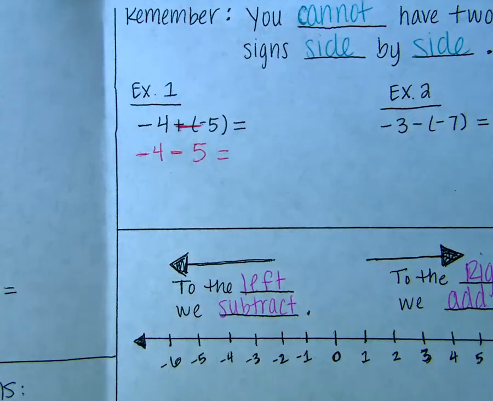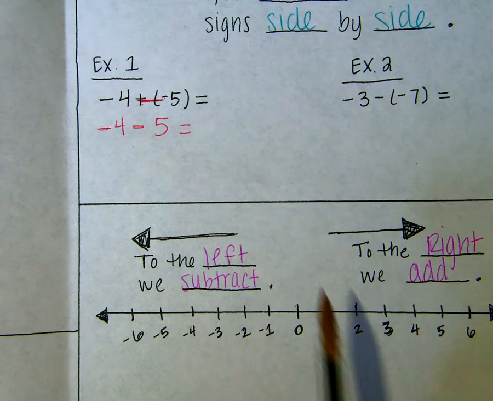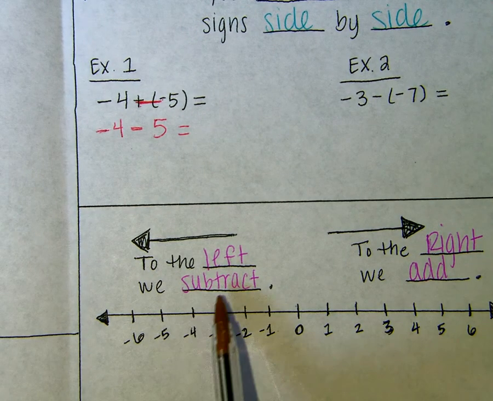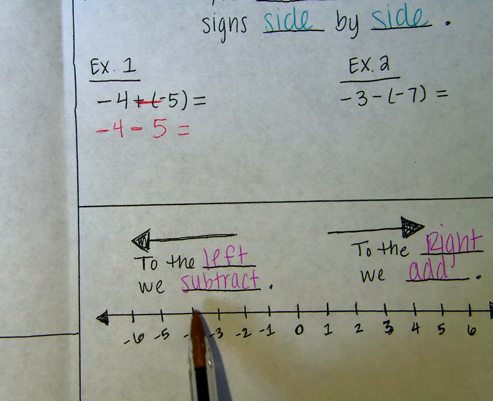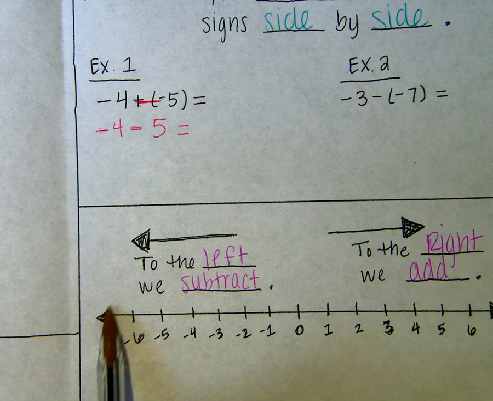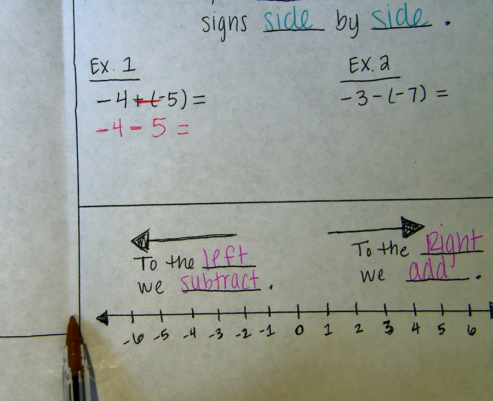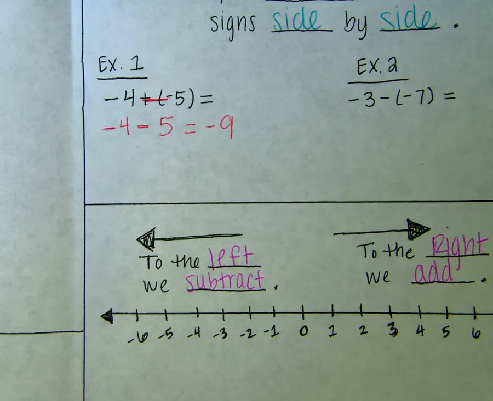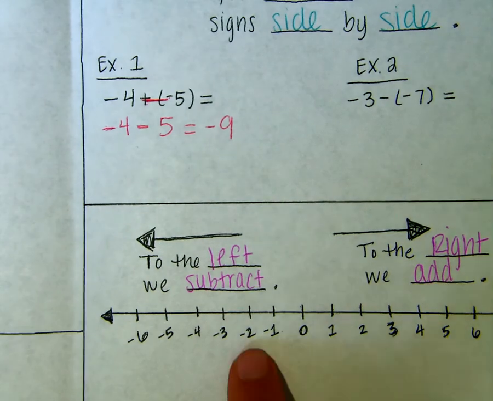So if you go down to your number line and you start at -4 and you subtract 5, subtraction means we move to the left. So we're going 1, 2, 3 would be at -7, 4 would be at -8, 5 would be at -9. Notice how I use my number line to help.